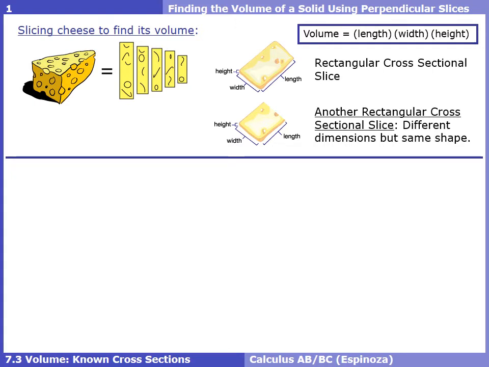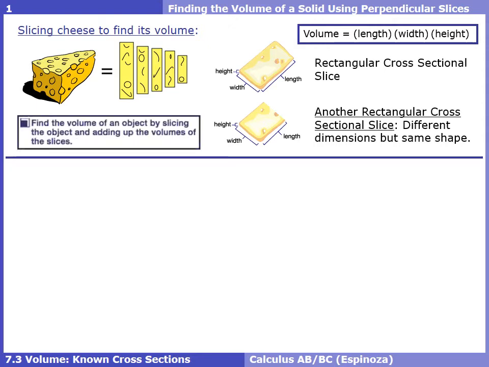And if you think back to the animations you saw in the last slide, if they were semicircles, they were always semicircles. If they were squares, they were always squares. So that's the key. These cross-sectional slices are never going to change on you. If it's a rectangle, it'll always be a rectangle. But ultimately, to find the volume of an object by slicing it, we just need to add up the volume of each of the slices.